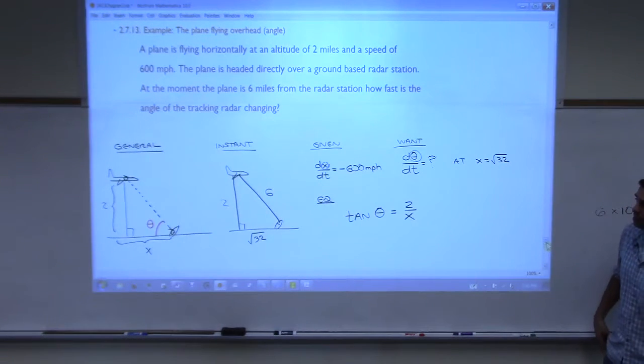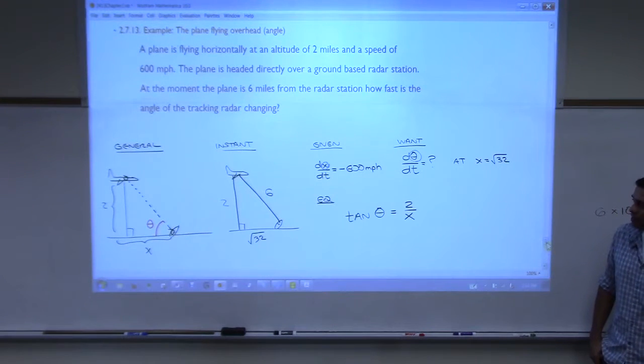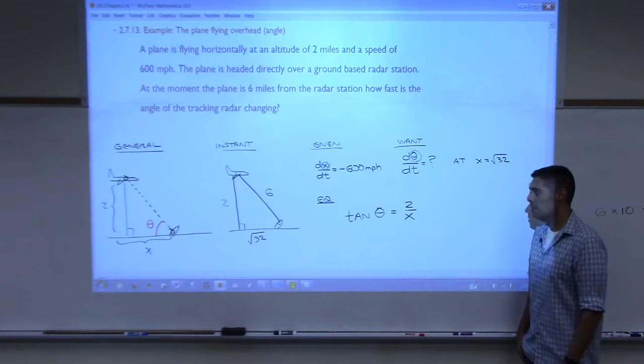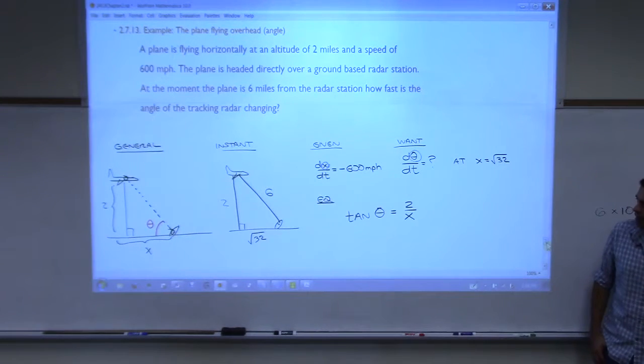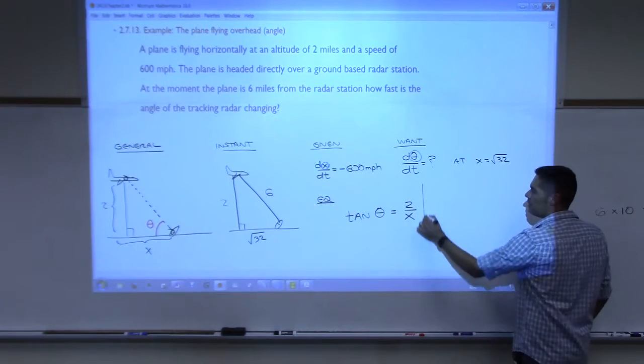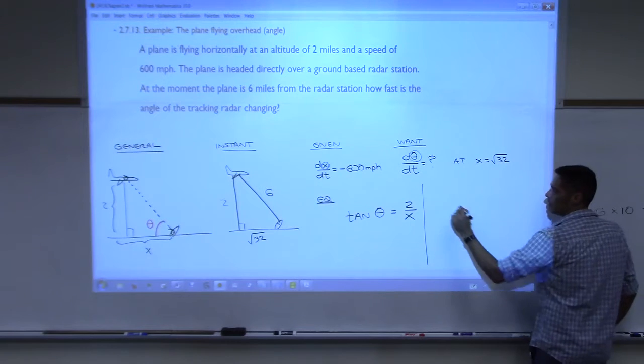So you have some options here. You could just take the derivative right now, both sides, with respect to time. You want to do that? Yes? Okay, I'll stick with that. What's the derivative of the left side with respect to time? What's the derivative of tangent theta?